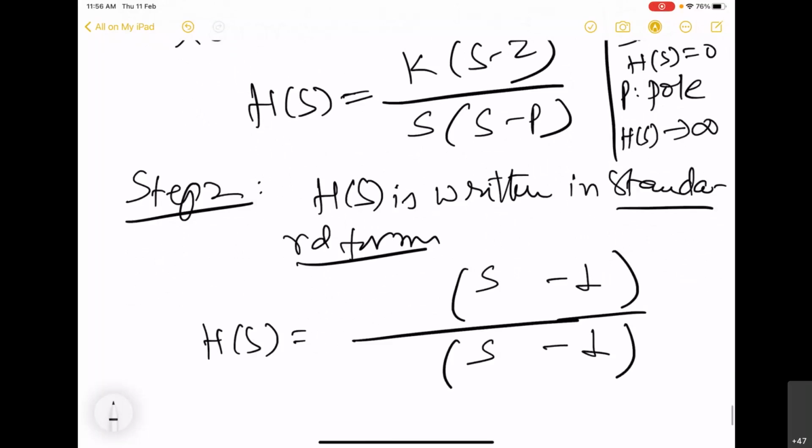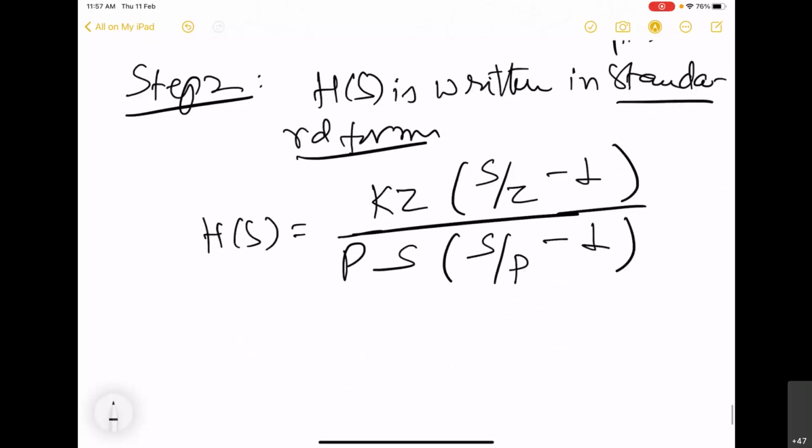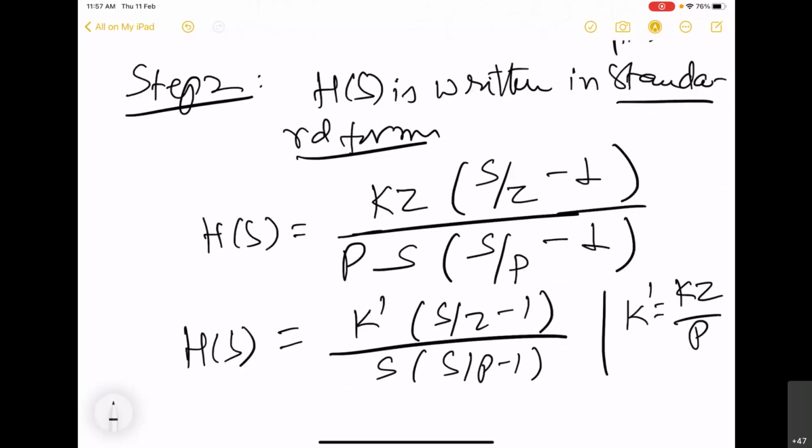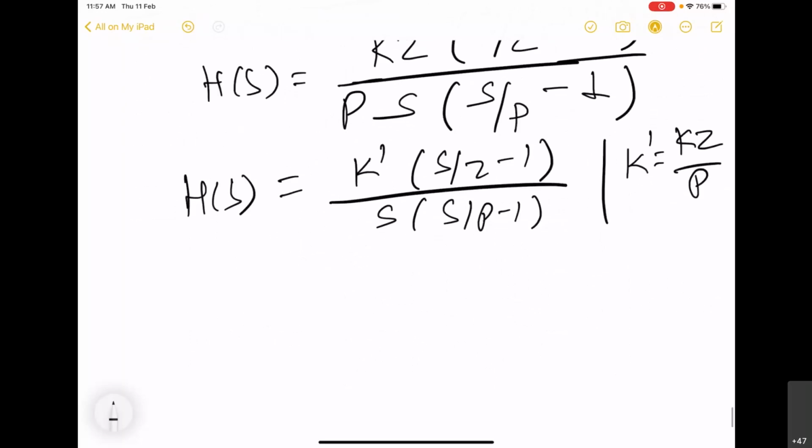Now this S will get modified; it will get divided by Z or by P. You can take these two things common, and so here we will have K Z divided by P. So this is the standard form, and in this case you can see that we have the new constant K dash, where K dash is equal to K Z by P.